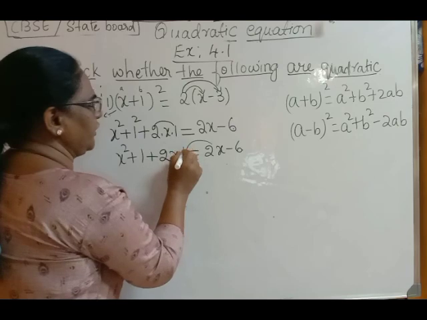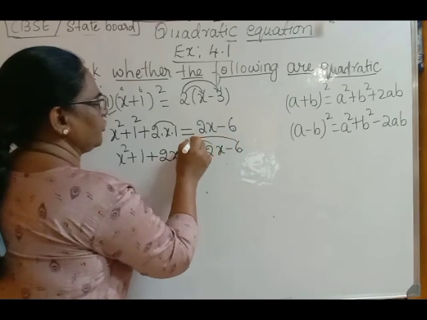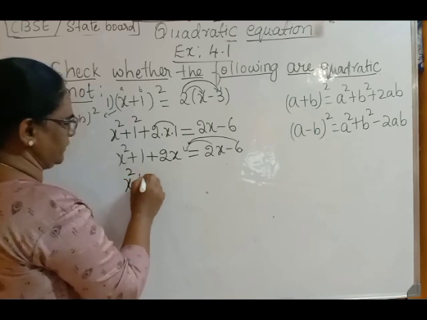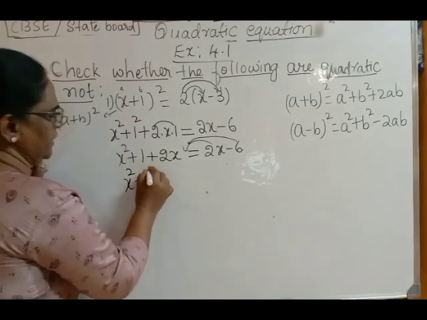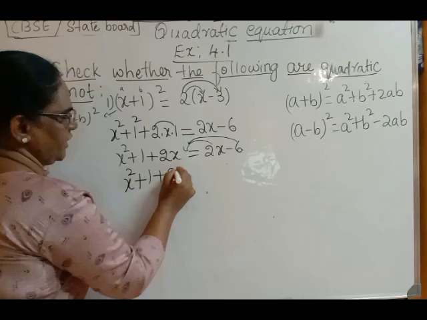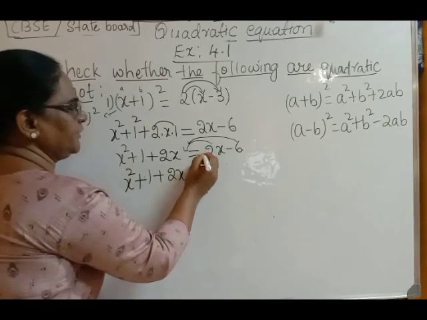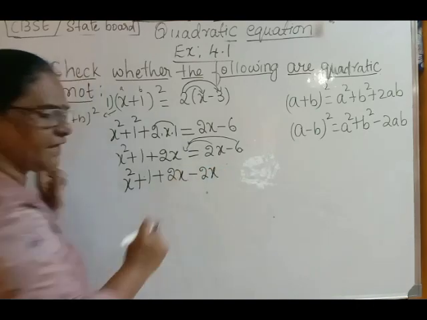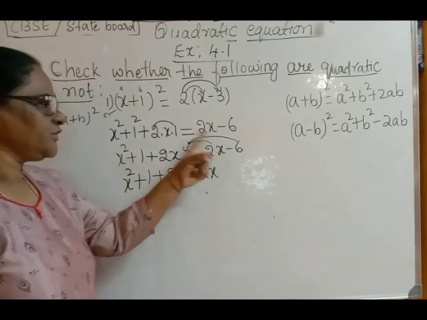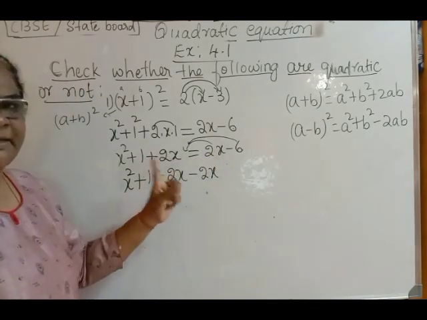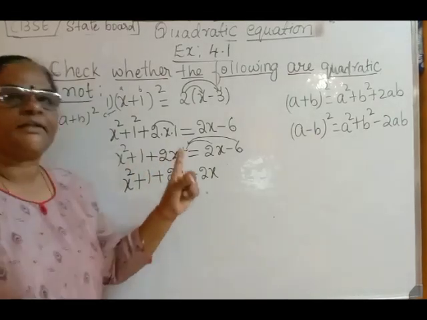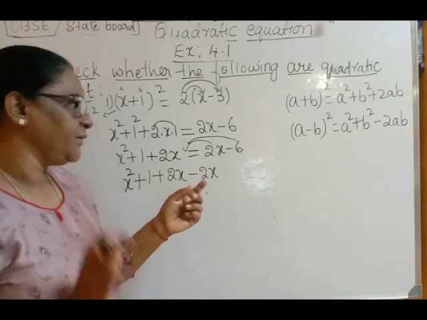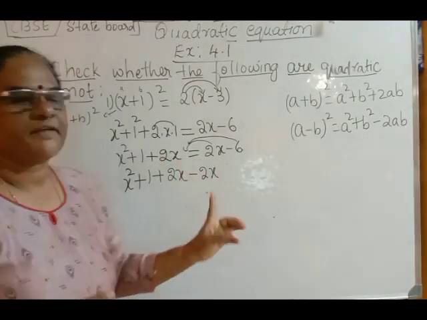You have to shift this and then minus 6 also you have to shift here. These terms I am going to keep as it is. X square as it is, 1 as it is, this 2x as it is. Bring this 2x here, it will become minus 2x. Change the sign. Okay, this is plus 2x, bring it on the left hand side, it becomes minus 2x. Whenever you bring the terms from one side to the other side in an equation, always remember that you have to change the sign.